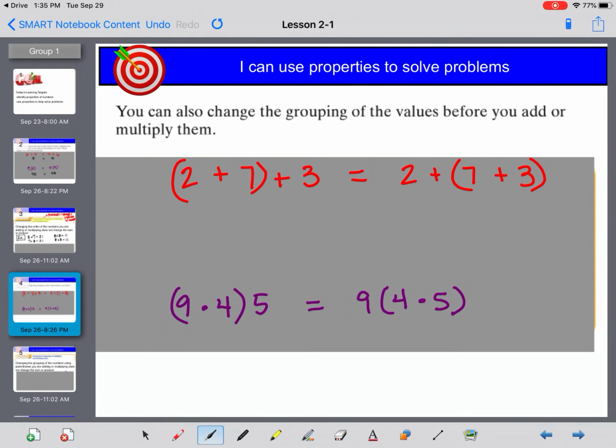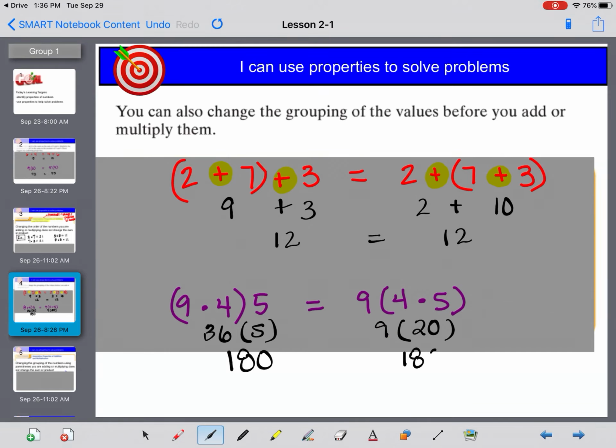In the second example, 9 times 4 is 36, and then 36 times 5 leaves me with 180. On the right-hand side of the equal sign, 4 times 5 is 20, 20 times 9 is also 180. I could only use that property because the only operation in the purple is multiplication.